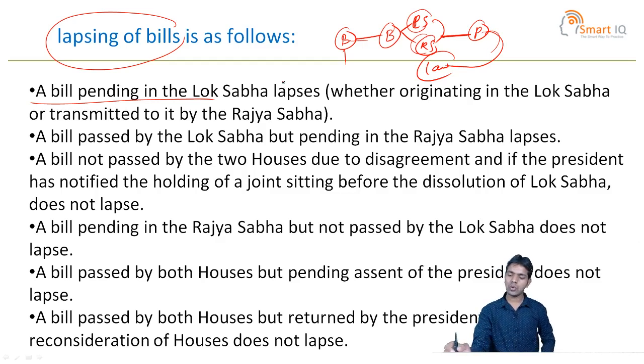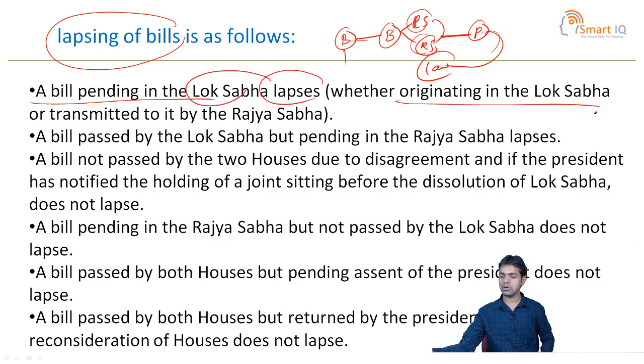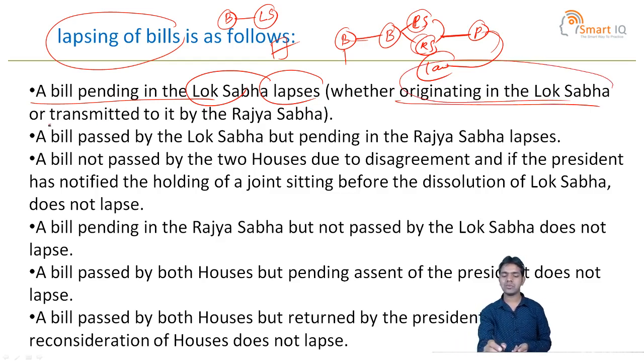A bill pending in the Lok Sabha lapses, whether originating in the Lok Sabha or transmitted to the Rajya Sabha. For example, if a bill originated in the Lok Sabha and the Lok Sabha is dissolved, the bill lapses. What does this mean?